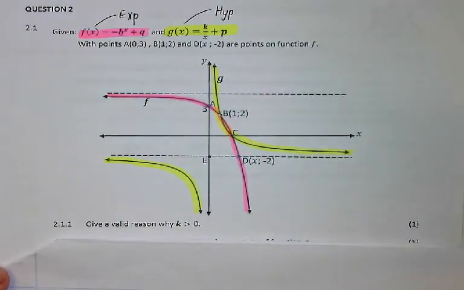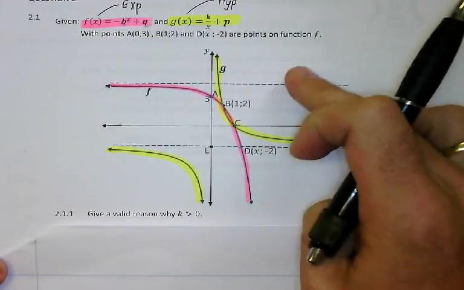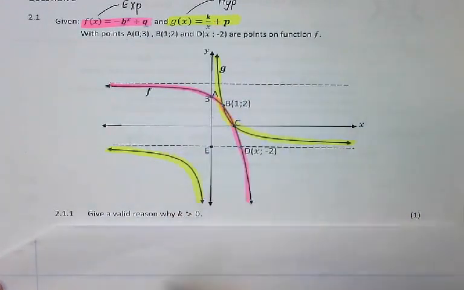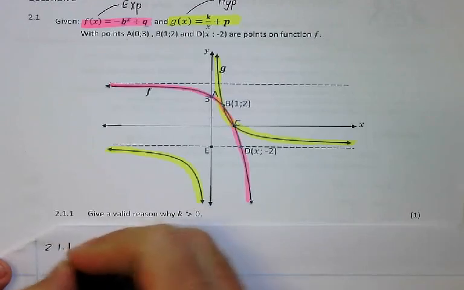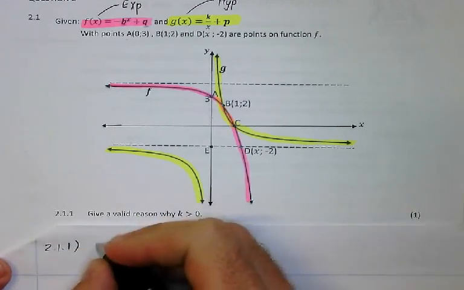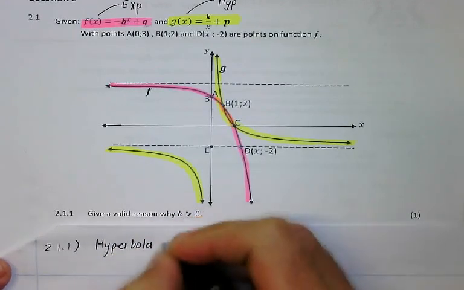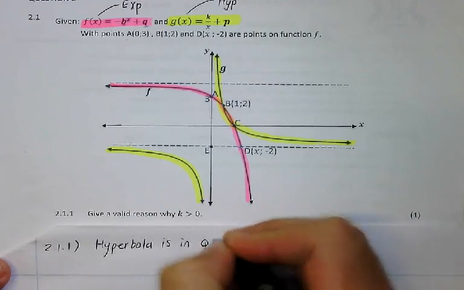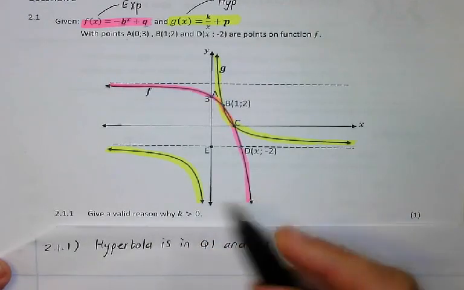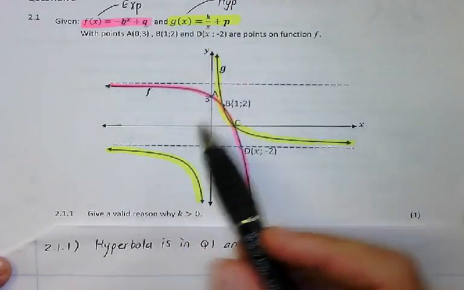So the fact that the hyperbola is drawn in quadrants 1 and 3 tells us that k would have to be bigger than 0. Our hyperbola is in quadrant 1 and quadrant 3, telling us that k would have to be a positive value. If it was a negative value, our hyperbola would have been in quadrants 2 and 4.